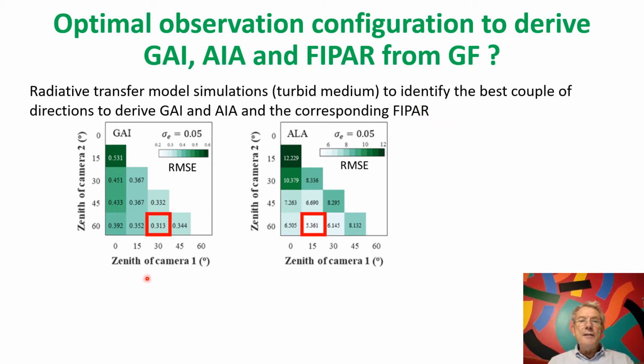For green area index, we see that the optimal configuration is a camera looking at 30-degree inclination and another one looking at 60-degree inclination. For the average inclination angle, we need a camera inclined at 15 degrees and the other at 60 degrees.